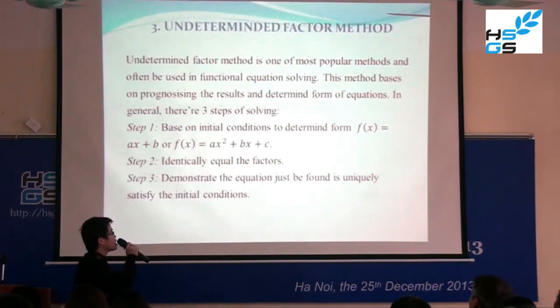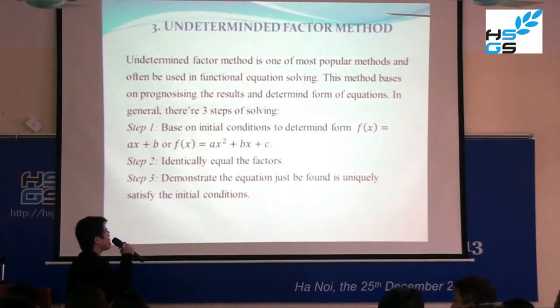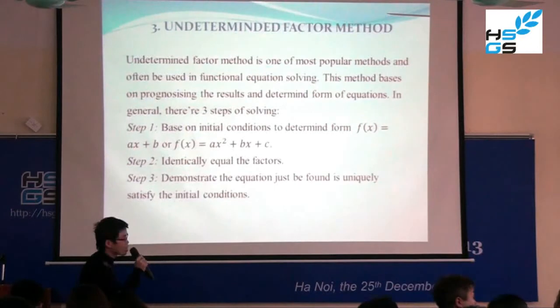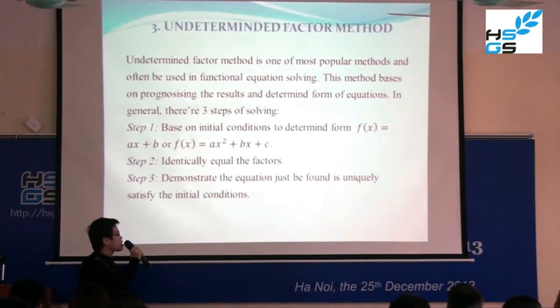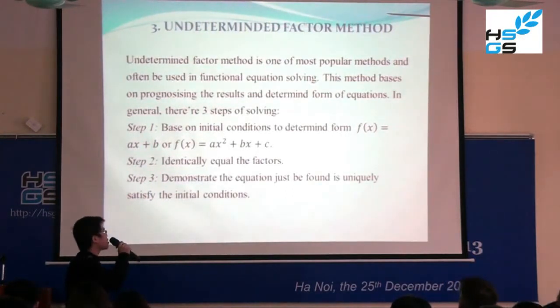In general, it's mainly f(x) equal ax plus b or f(x) equal ax squared plus bx plus c. Step 2, equate the coefficients. Step 3, demonstrate the result is unique. Here is an example.